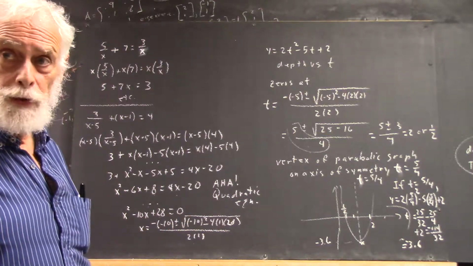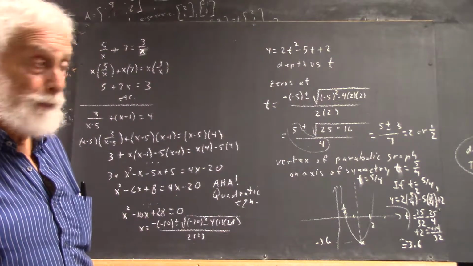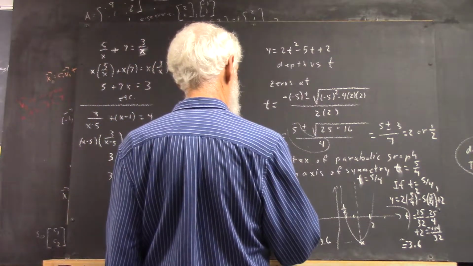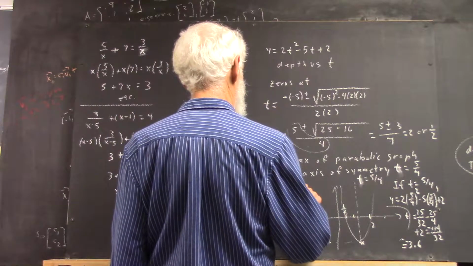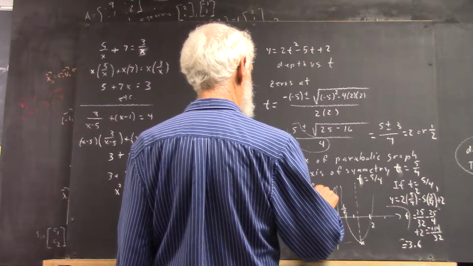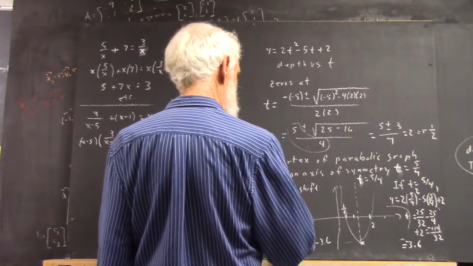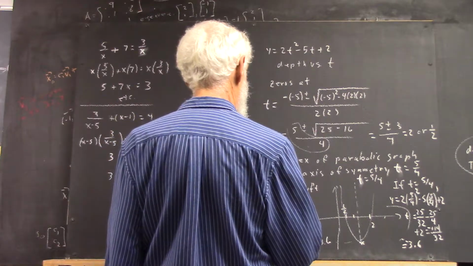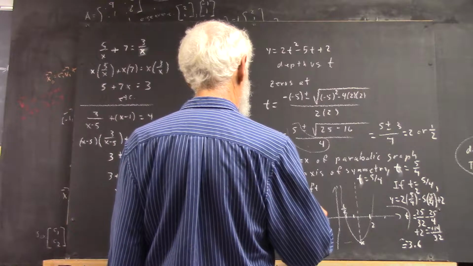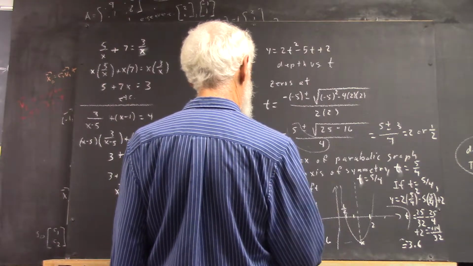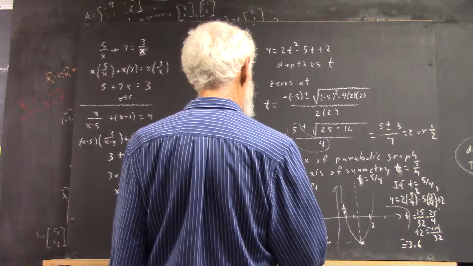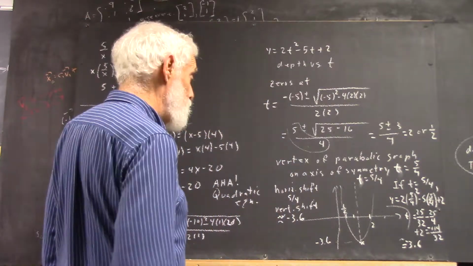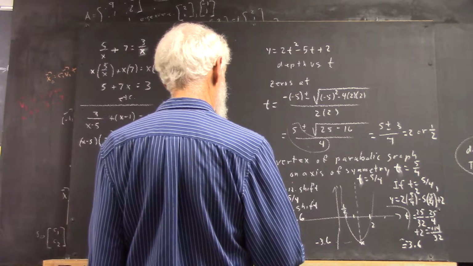What's its vertical shift from the y equals x squared graph? Is that 2? Well, the horizontal shift is 5/4, right? Vertical shift is about negative 3.6. And what's the vertical stretch?